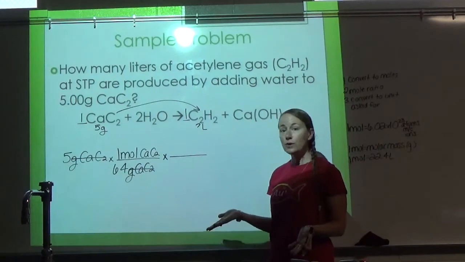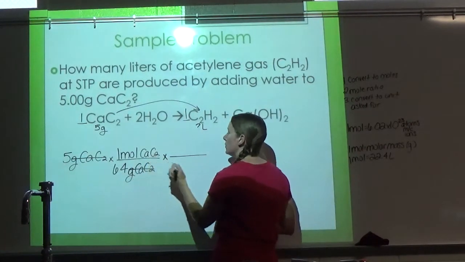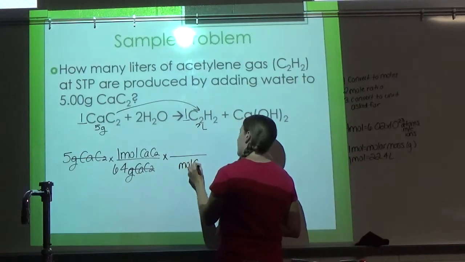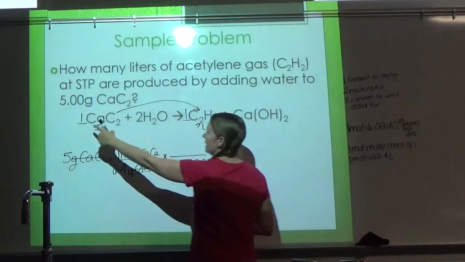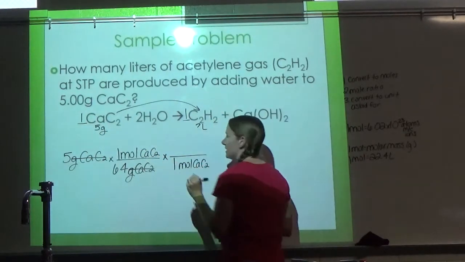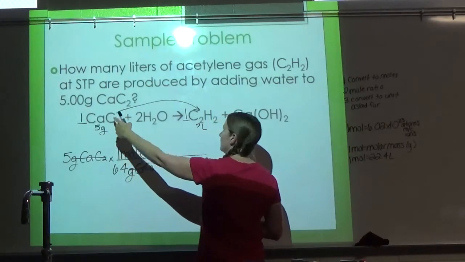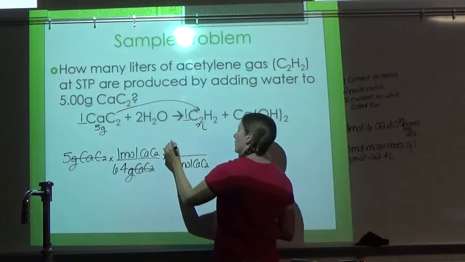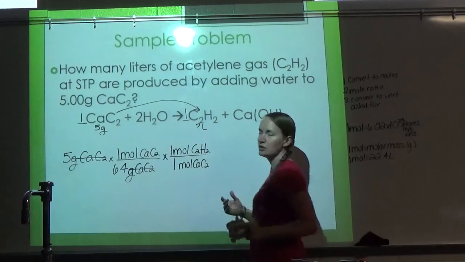How do I know which one goes on bottom? I follow the golden rule. If moles of CaC2 is on top, moles of CaC2 has to go on bottom. How many? 1 mole, because that is my coefficient. What does 1 mole of that equal? It equals 1 mole of acetylene, because that is the coefficient.